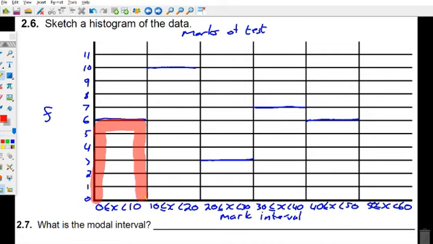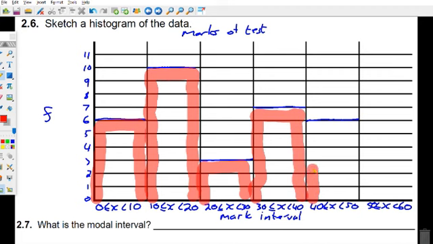The second one, we got nearly 10 over there. Third one, got 3. Fourth interval, got 7. And then the last one here we got 6.